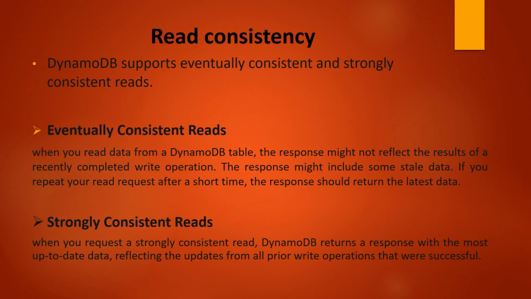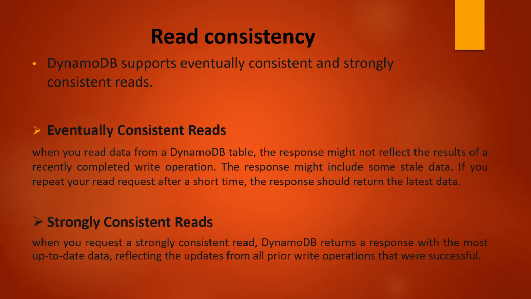We have two types of read consistency: eventually consistent reads and strongly consistent reads. What happens in the case of eventually consistent reads? It is faster, and we may read stale data, because the recent write operation has to be updated in three availability zones. In this case it is not going to wait until the data is up to date.